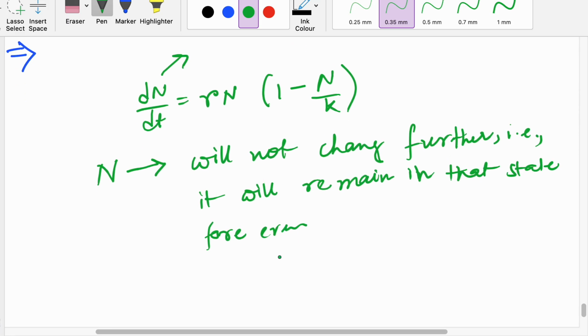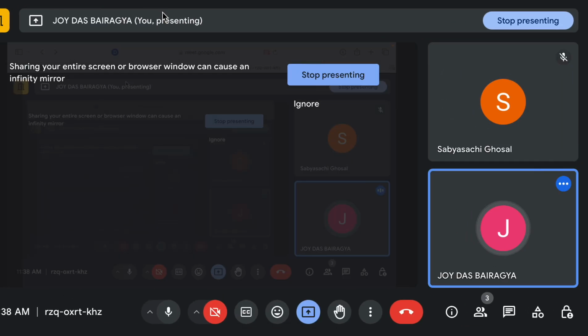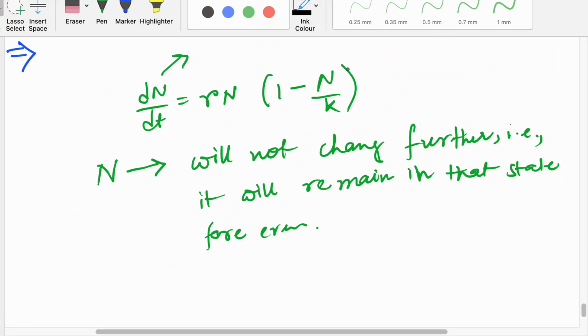Yes, we can say that there are at least two such states where, if the system reaches the state, dN/dt will become 0. Now Subbuji, can you tell me, by looking at this equation, where dN/dt will become 0, that means N will not increase or decrease further?